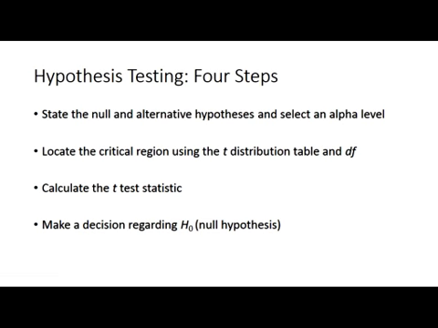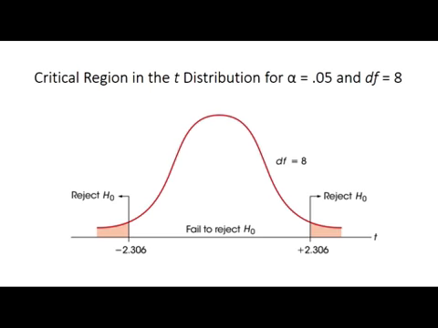So again, we're going to go over these four steps, and I'm going to walk you through using a t-test. You state your null and alternative hypothesis, you select your alpha level, you locate the critical region, and I personally find it really helpful to draw this out because I need to see these things. Then you calculate your t-test, and then you make a decision regarding your null hypothesis.